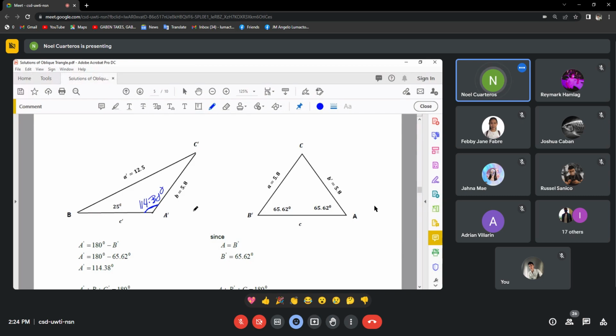So, this one, mao na itong angle A, di ba? Mao na itong angle B. So, we will represent this one as A prime. And this one will be our B prime. Kining C o C prime, pwede na sila magbaylo. Ha? So, kung naa diri ang C, ang imong side is also C. Kung naa diri ang C prime, ang kini siya na side will be C prime.